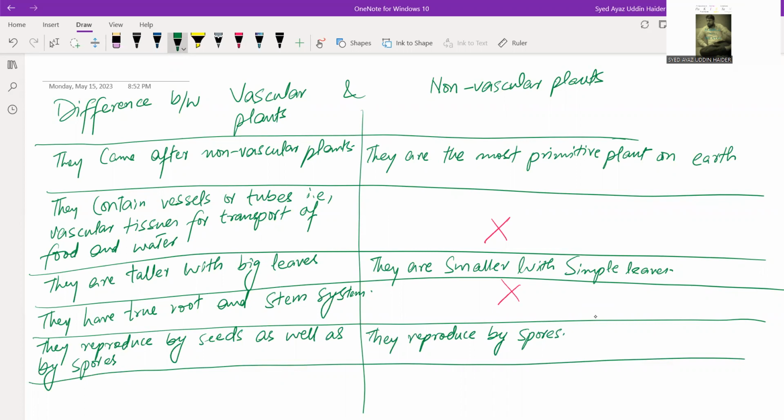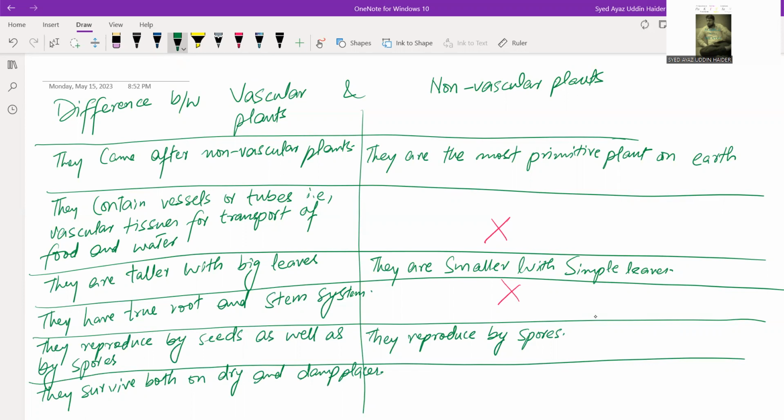Now, vascular plants can survive both on dry and damp places, which means they have evolved in such a way that they can manage to survive on dry and damp.